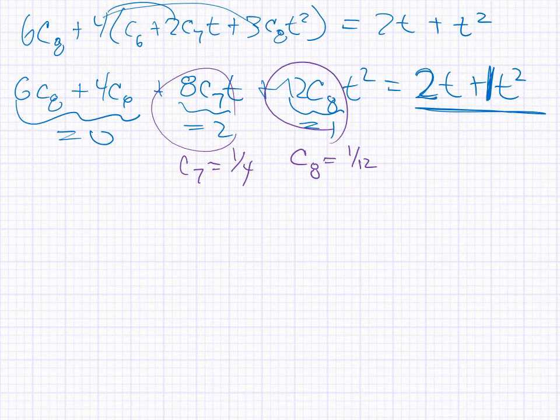And here, since C8 equals 1/12, this would be 1/2 plus 4C6 has to equal 0, because it would be 6/12. And then that means that C6 would have to be minus 1/8.